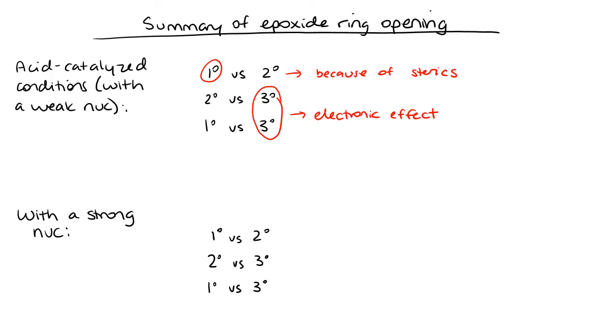Now, when we're dealing with a strong nucleophile, it only wants to perform a nucleophilic attack, and it wants to do it quickly. So it's going to choose the carbon that's most easily accessible. So whenever a strong nucleophile is involved, it's always going to choose the carbon that is the least sterically hindered.